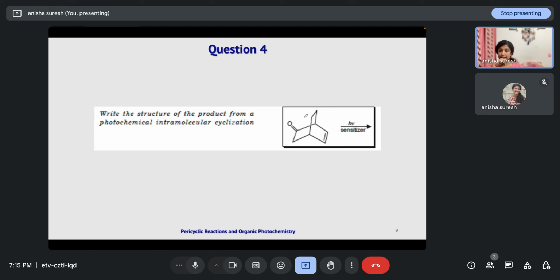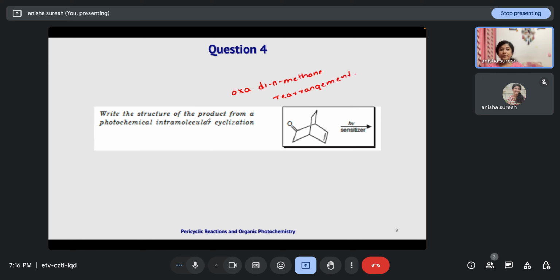Seeing the starting material and the condition, what sort of reaction is taking place here? So it is an oxa-di-π-methane rearrangement that will be taking place in this condition.